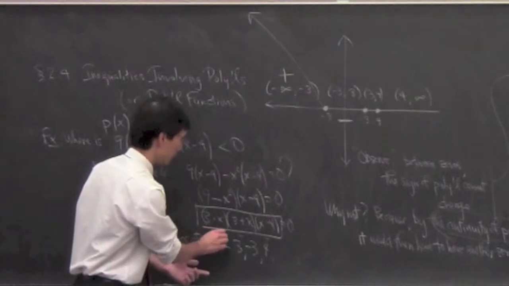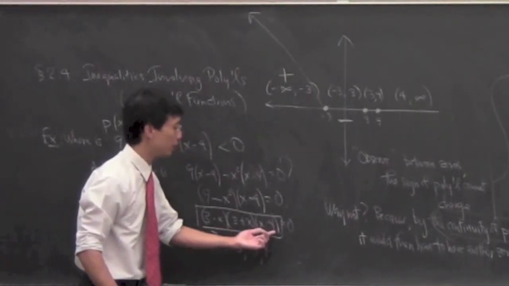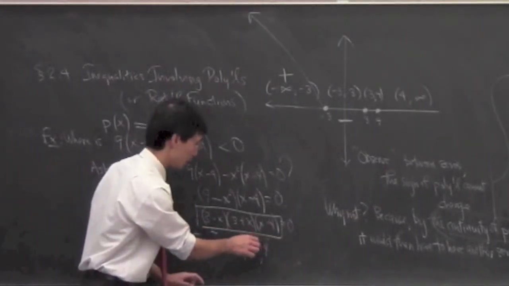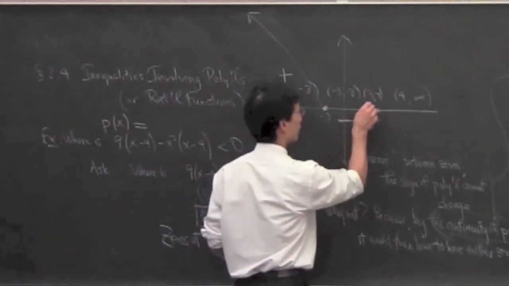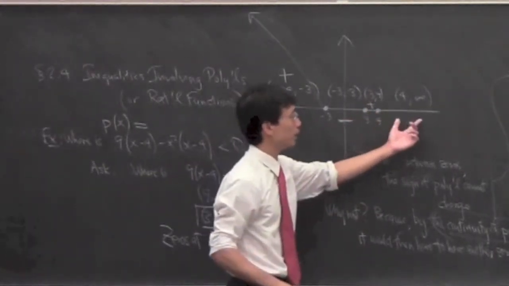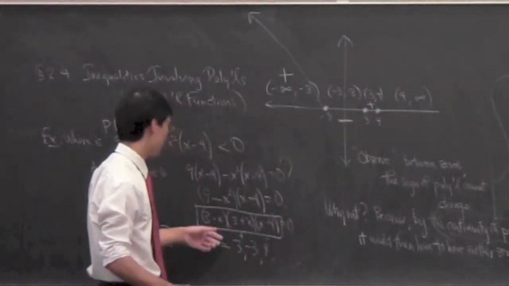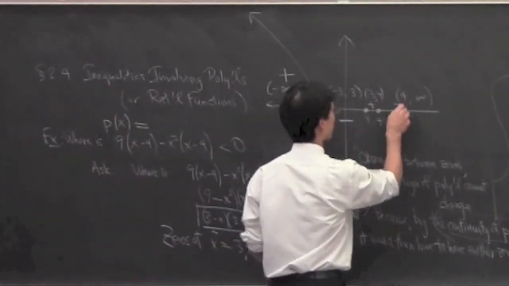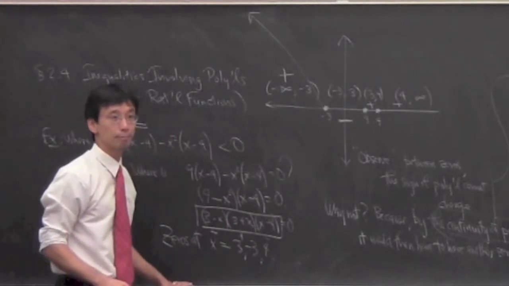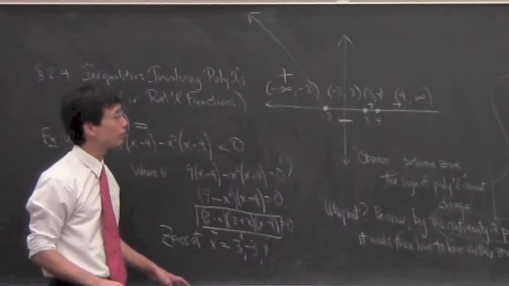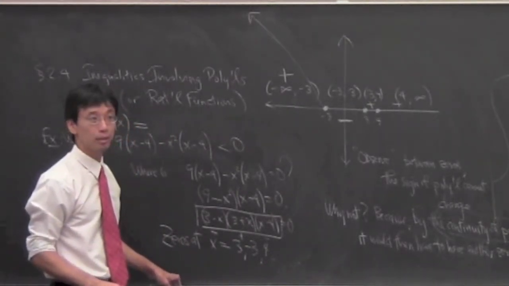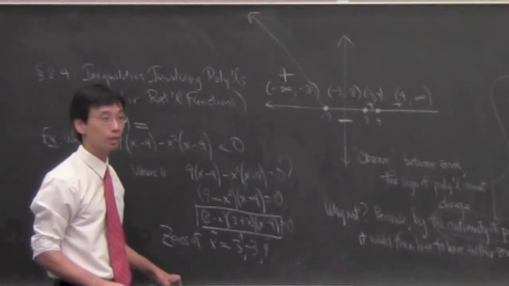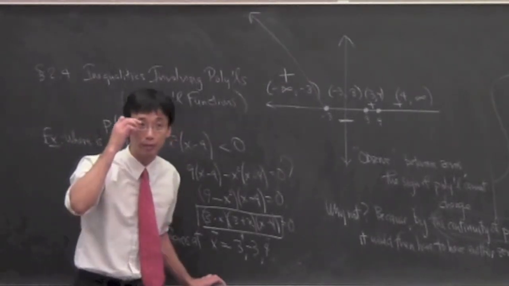So we get negative, positive, and then the number minus 4 is going to be negative, so we get a positive number here. Right? And then out here, gigantic positive number, you see you get all positives, so it's going to be positive. Okay. And anyone confused by this?